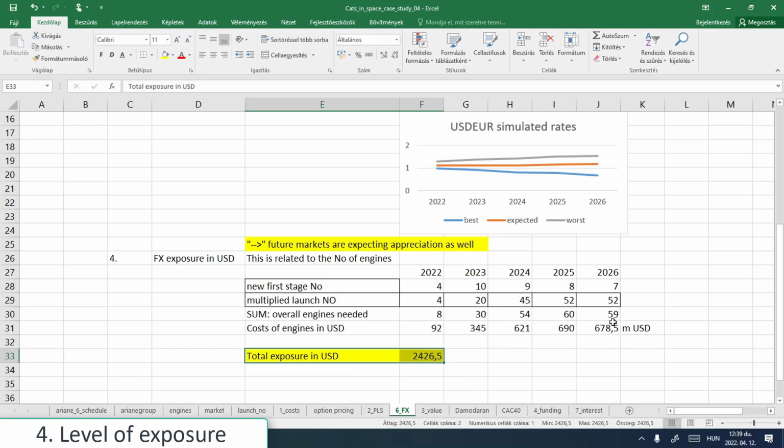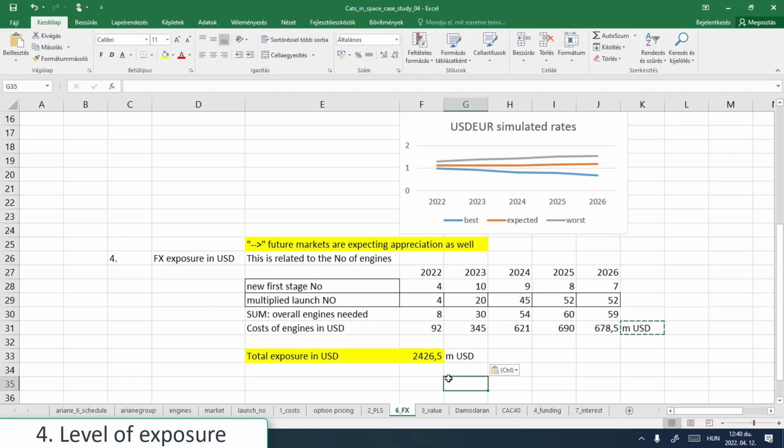So right now what we can see is that 2.5 billion US dollar is the exposure for the next 5 years, with the current rate of launches and orders and reusability and so on. I think that can be quite significant.